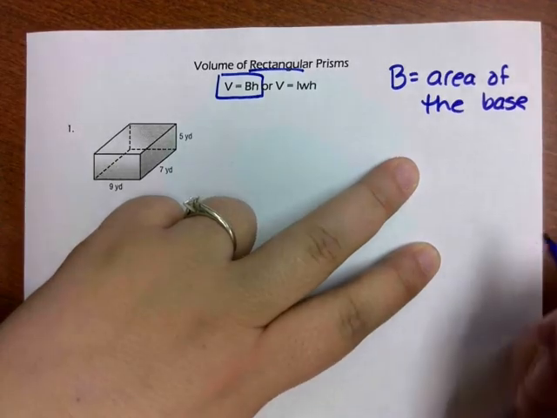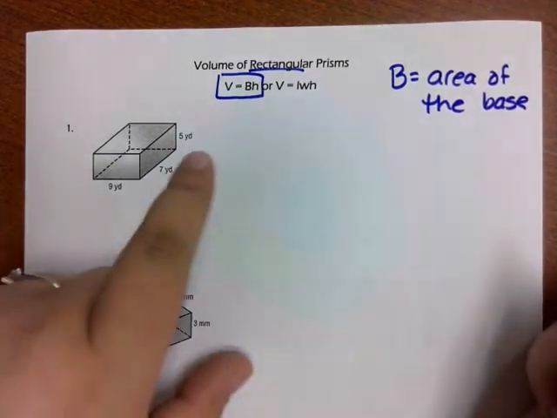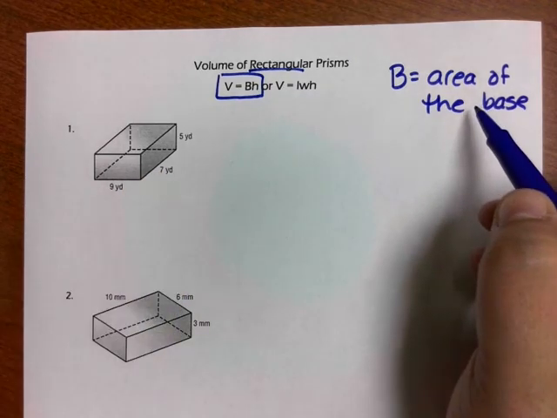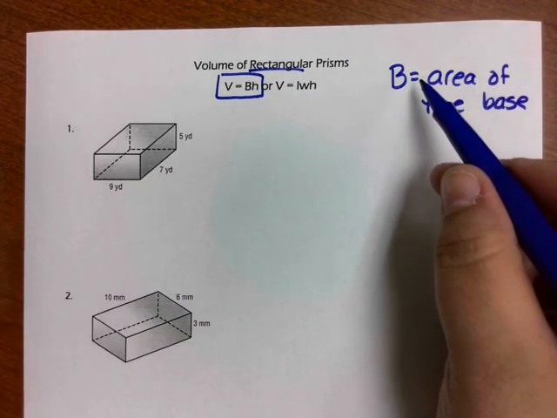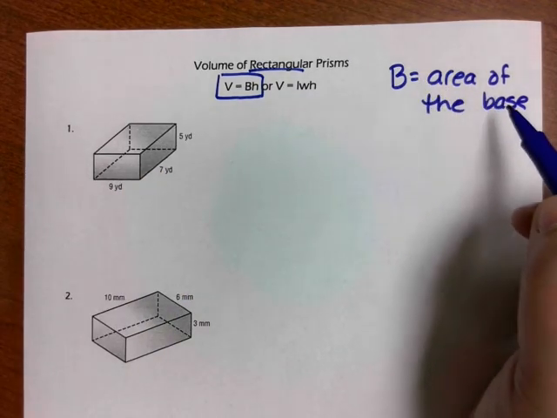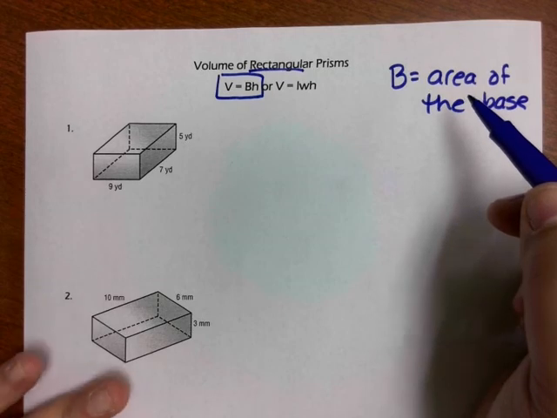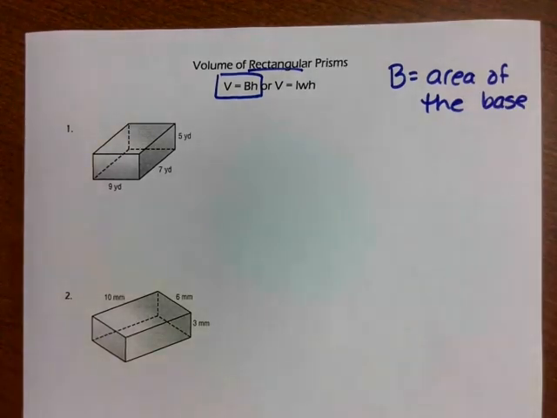Now luckily in 6th grade the base shape is always going to be a rectangle because we're only dealing with rectangular prisms, but when you get into 7th and 8th grade, that capital B is going to be the area of a triangle or the area of a trapezoid, whatever it may be, depending on what type of shapes you're dealing with, because you might have a triangular prism or a pyramid or a cone instead of a rectangular prism.